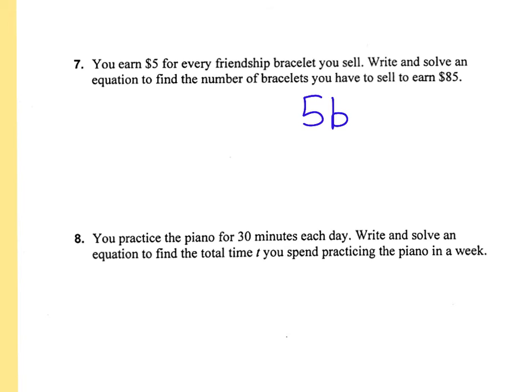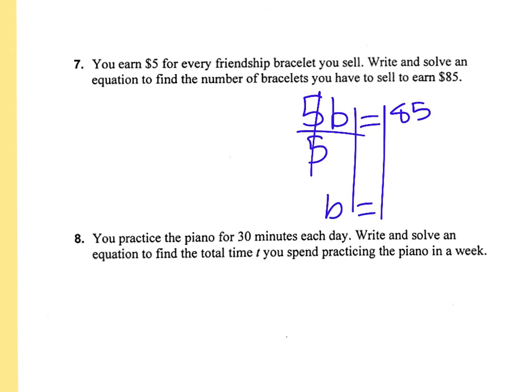So 5B equals 85. That looks very similar to what we've been doing, doesn't it? So we're going to divide by 5, left with B. 85 divided by 5, and we get 17. We have to sell 17 bracelets to get $85.